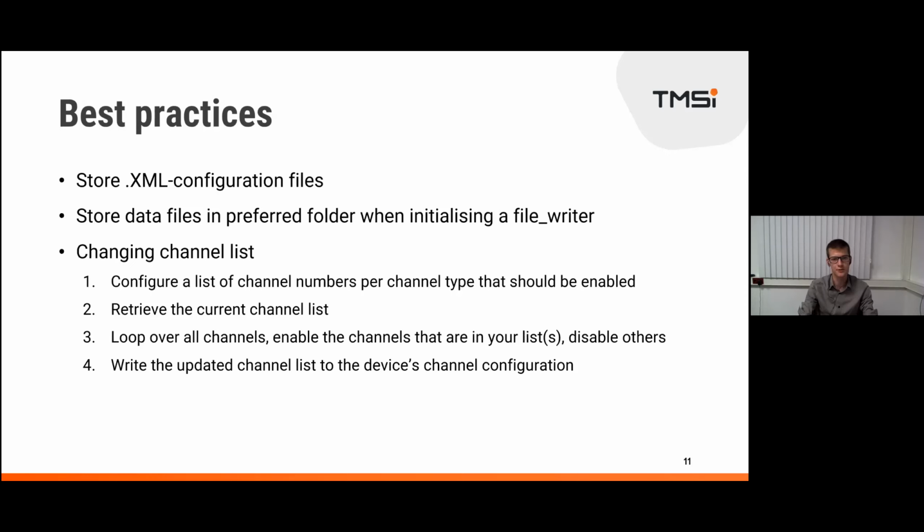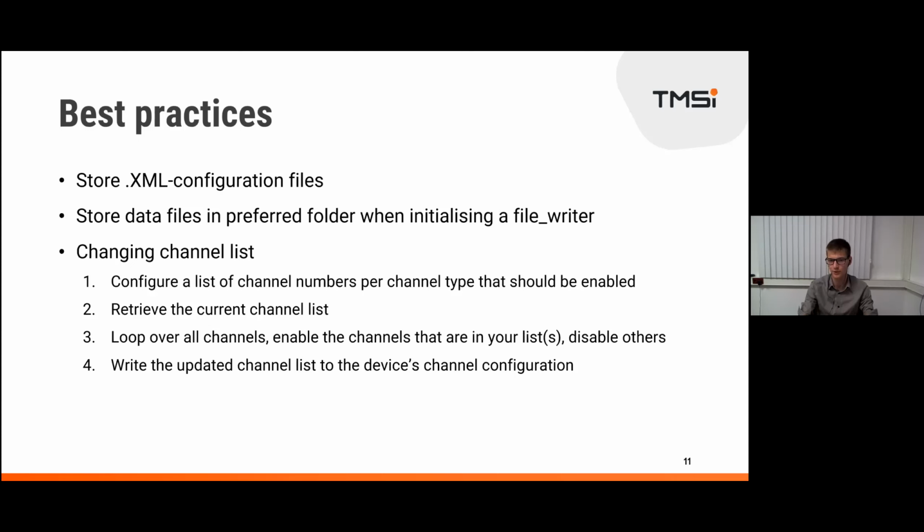Next, you want to retrieve the current channel list from the device. This contains which channels are active and which are not active. And then you will start a loop over all channels. In that loop, you will have to build a statement which controls if the channel is within your pre-configured list or not.